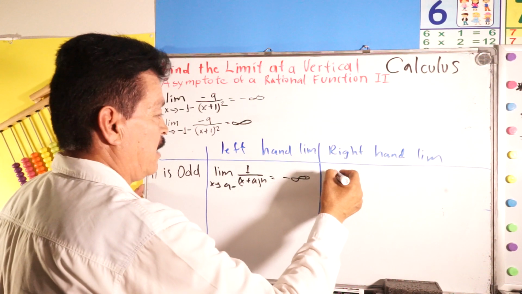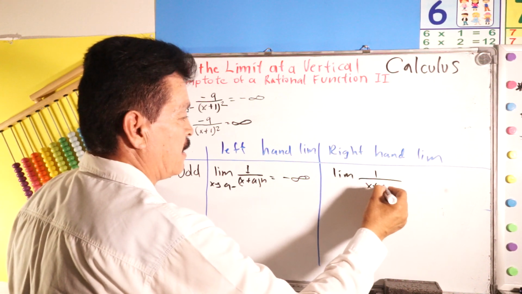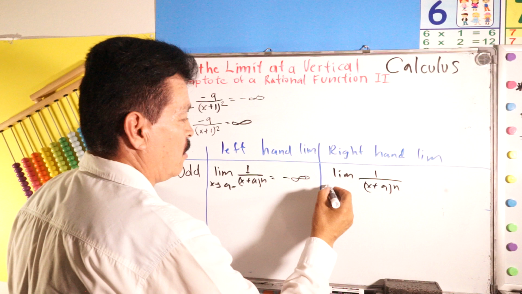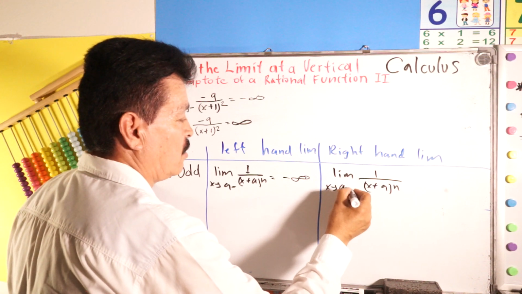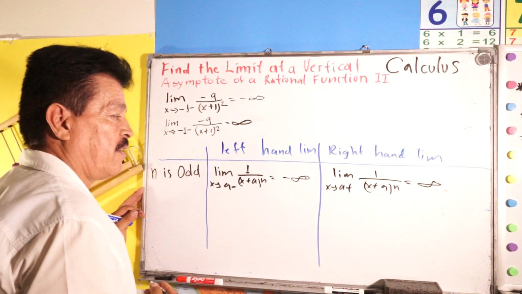And on the other side, the limit of 1 divided by (x plus a) to the n power when x approaches negative a from the right hand, the answer is positive infinity.